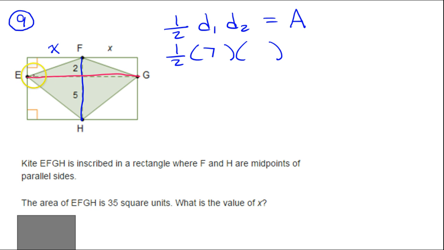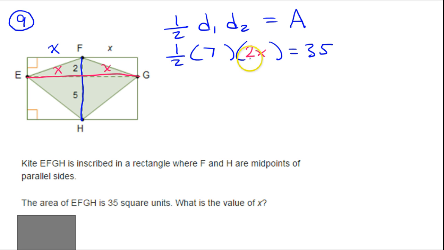We don't know how long it is, but we know that both parts are x because of these. So x plus x is 2x, so we know that the diagonal from E to G has a length of 2x. And then we know the area, and the area is 35. So we have an equation with one unknown. We should be able to solve it.